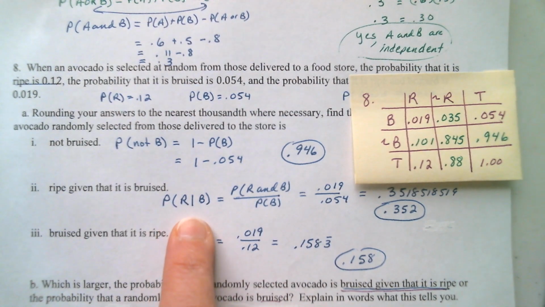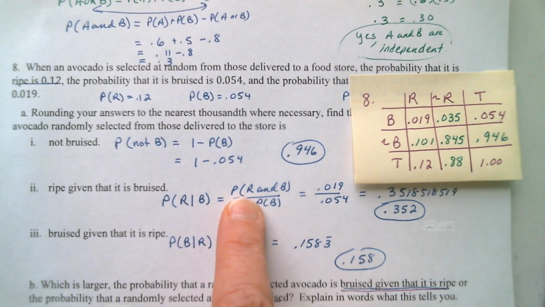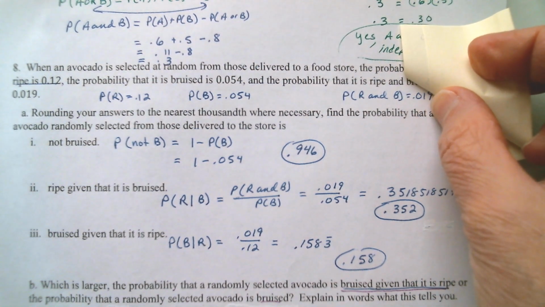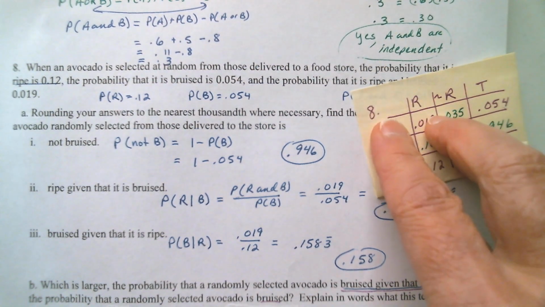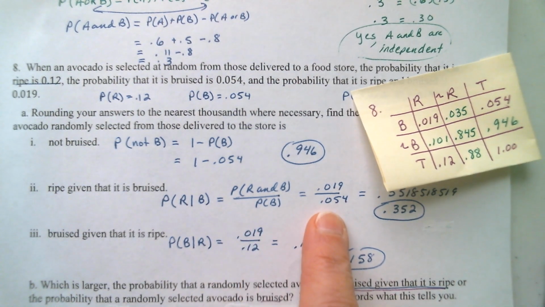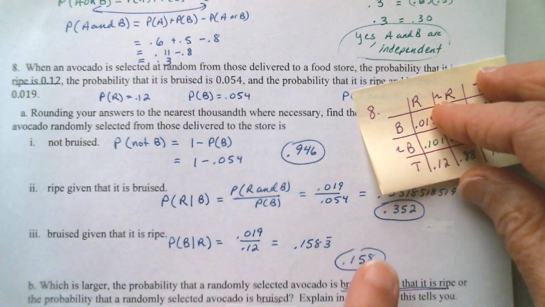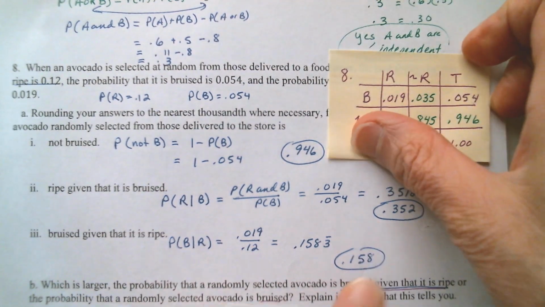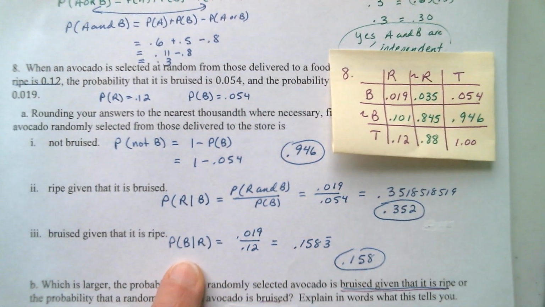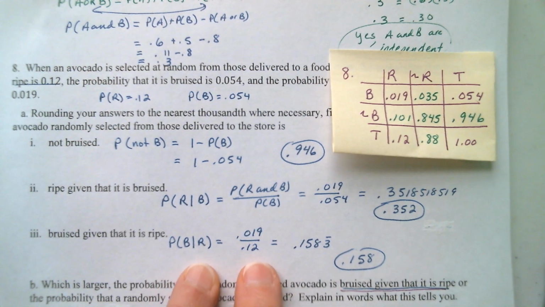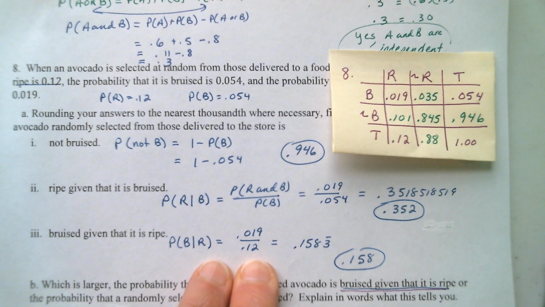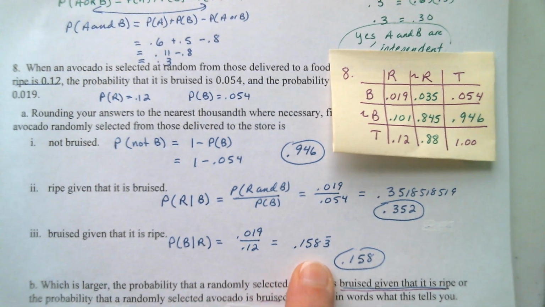Probability R given B is the probability of ripe and bruised, which was given, which was 0.019, divided by probability of bruise, 0.054. Then you get this decimal. Probability of bruise given ripe. So ripe is the denominator, 0.12. Bruised and ripe is the 0.019. You get this decimal.